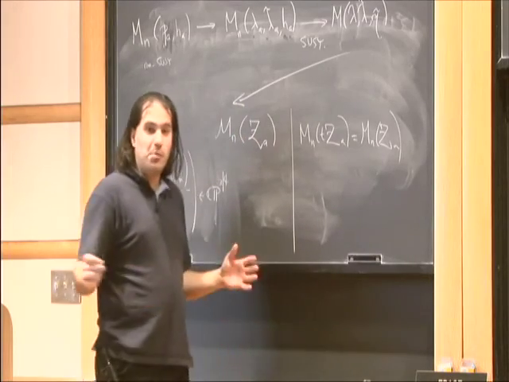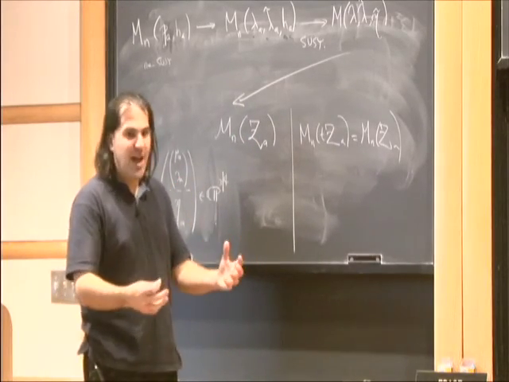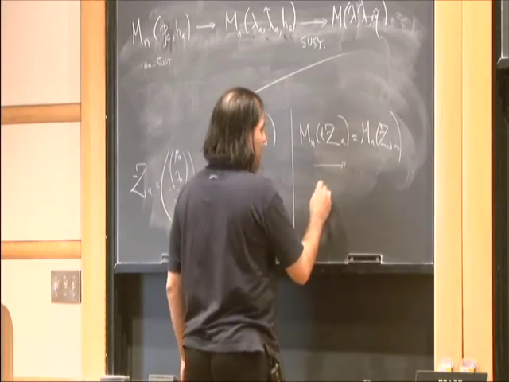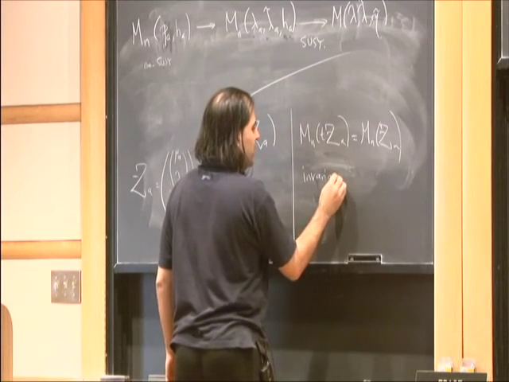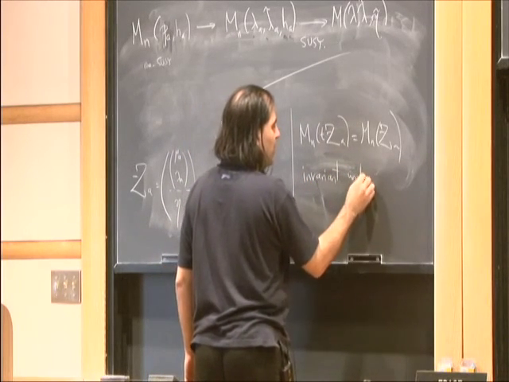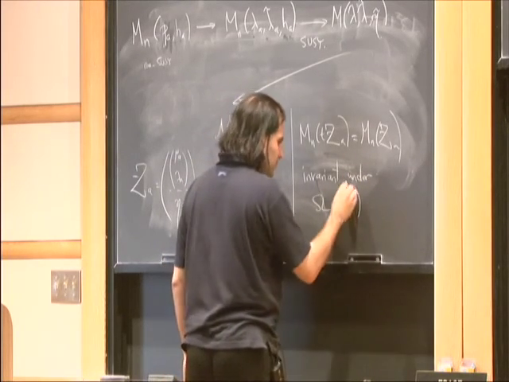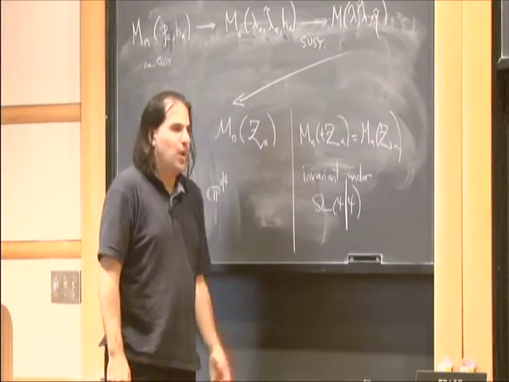Now this is actually a remarkable fact. This is a very remarkable, very hidden fact in the Lagrangian. But I'll come back to it in a second. The amplitudes are invariant under what you might call SL4/4. The generators of SL4/4 are what you'd expect.